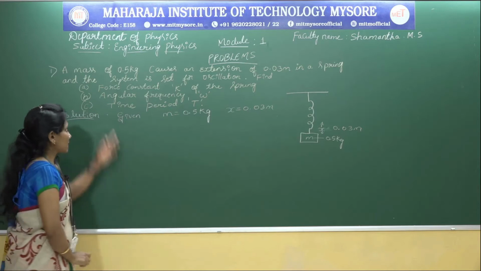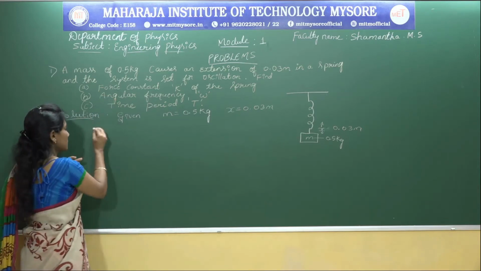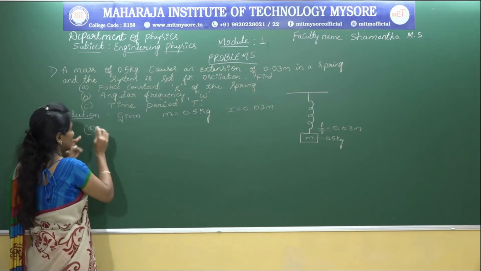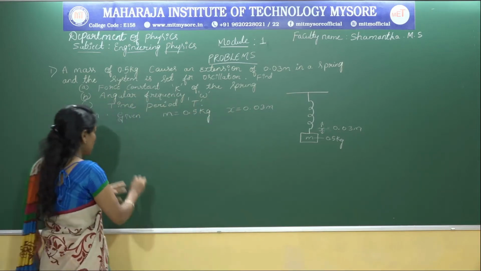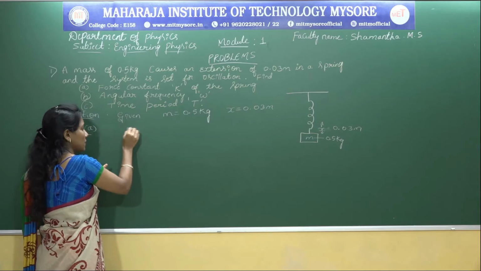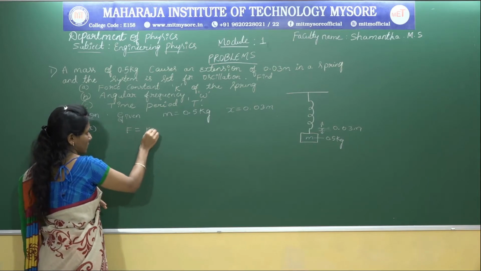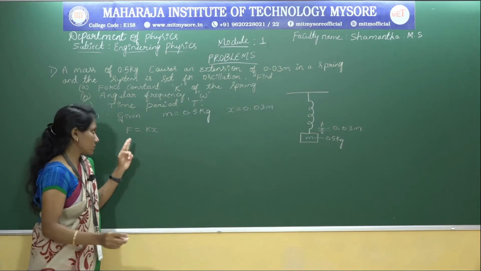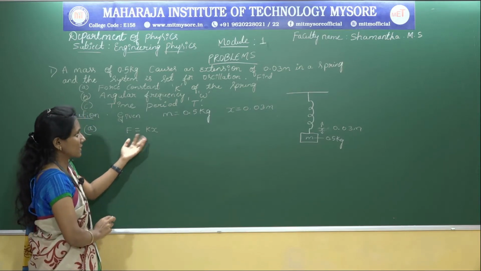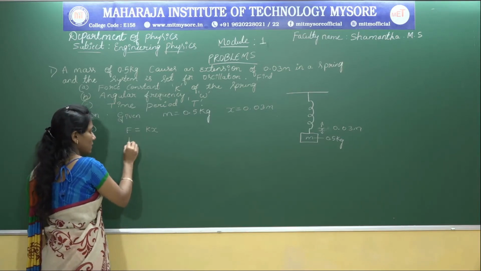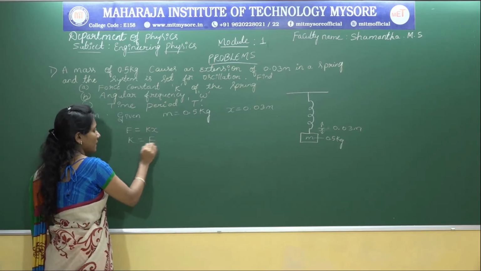So, first let us calculate the spring constant, that is, the force constant K of the spring. What is the formula from Hooke's law? We know that F is equal to Kx, so K is equal to F by x.